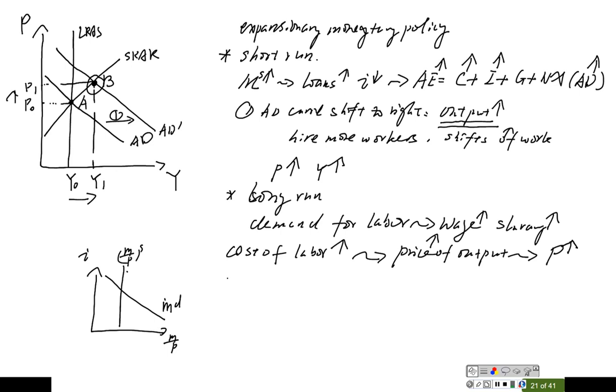If the price level goes up, real money supply will go down because the denominator increased. So the whole curve will shift to the left with the new price level.